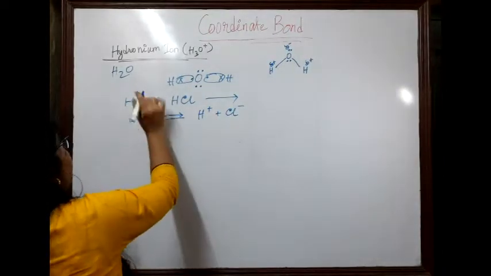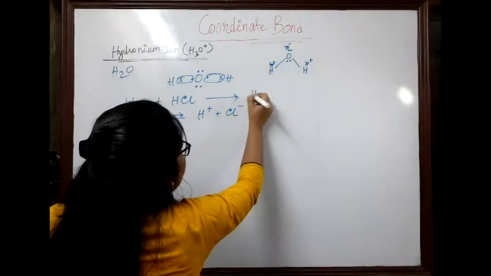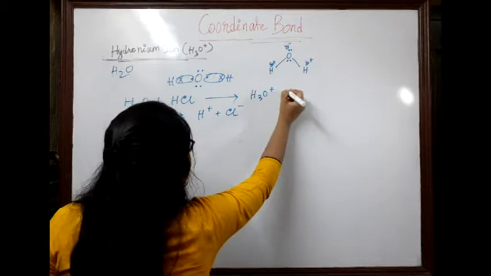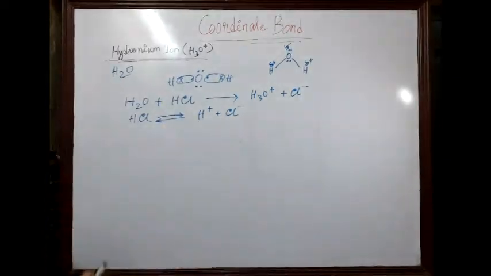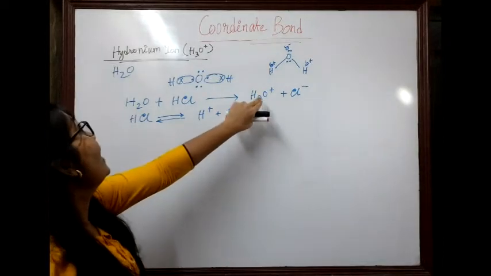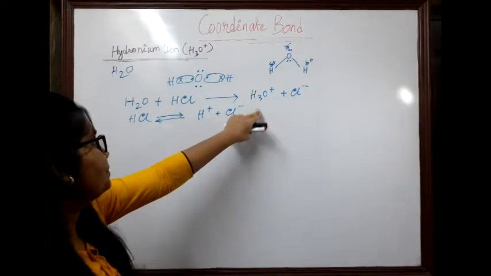So we get H3O plus and Cl minus. This is how H3O plus, the hydronium ion, is formed.